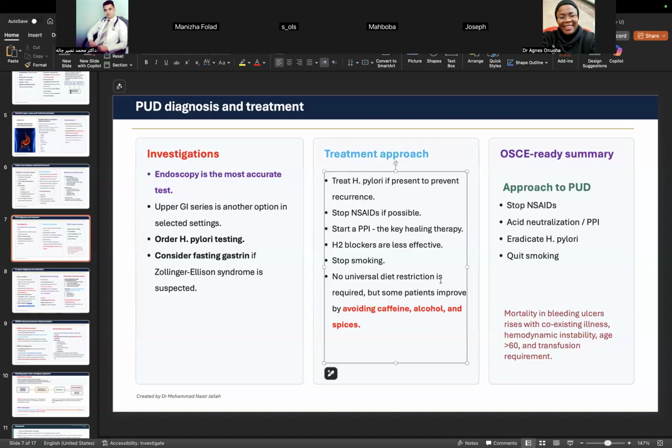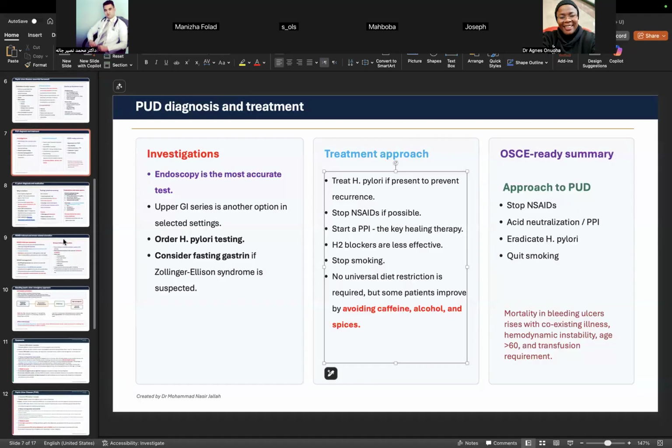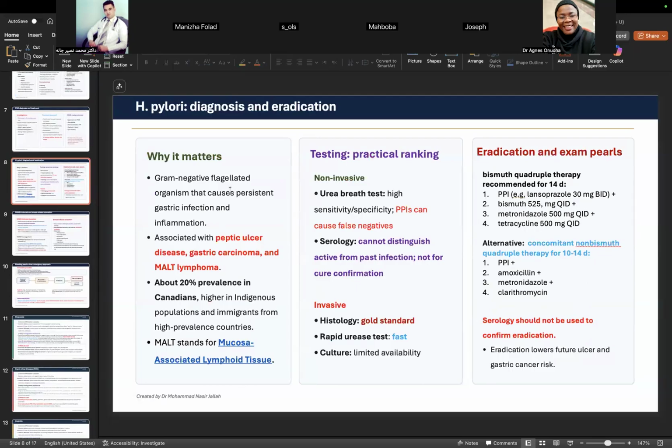It doesn't cure, it helps, it supports the treatment. Approach of PUD: stop non-steroid and PPI, eradication of the H. pylori, quit smoking. Mortality in bleeding ulcer rises with coexisting illness, hemodynamic instability, age more than 60, and transfusion required, in severe cases, obviously, or elderly.